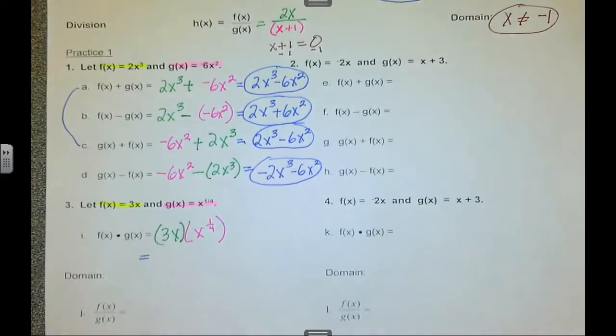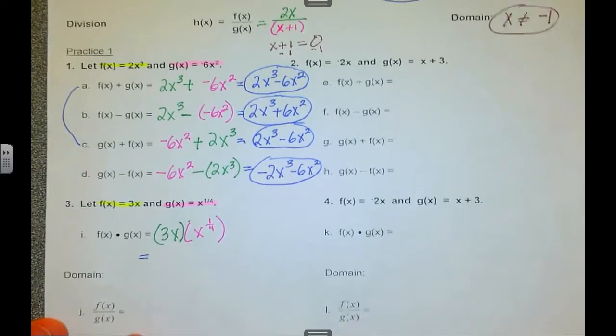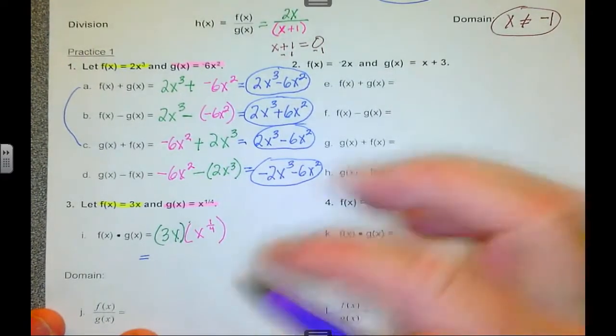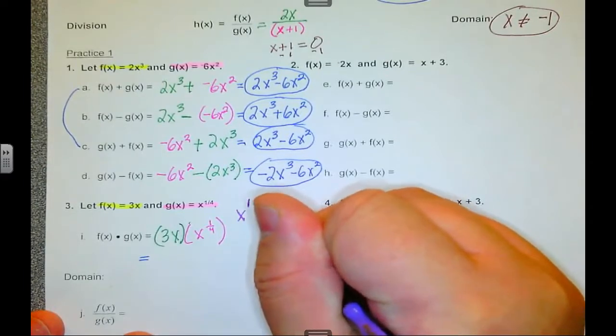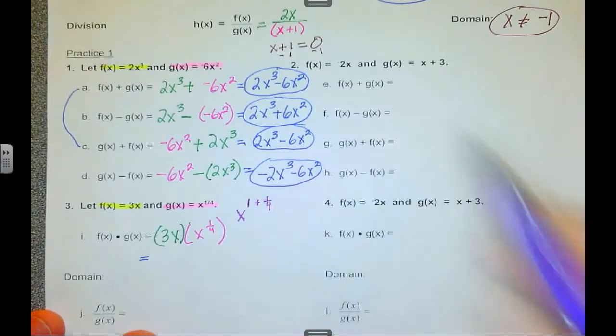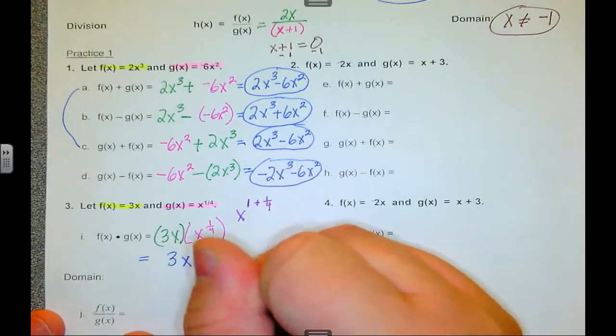What is 3x times x to the 1/4? What do I do to the exponents when I have the same base multiplying? So I have x to the first plus 1/4, which is 5/4.